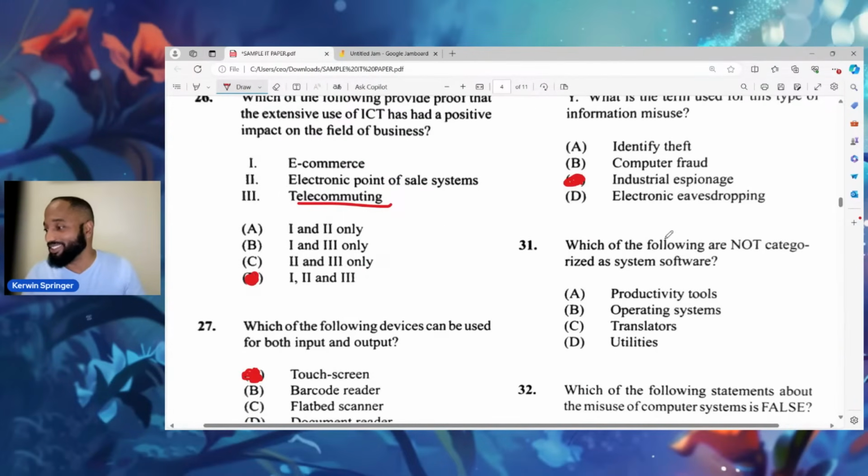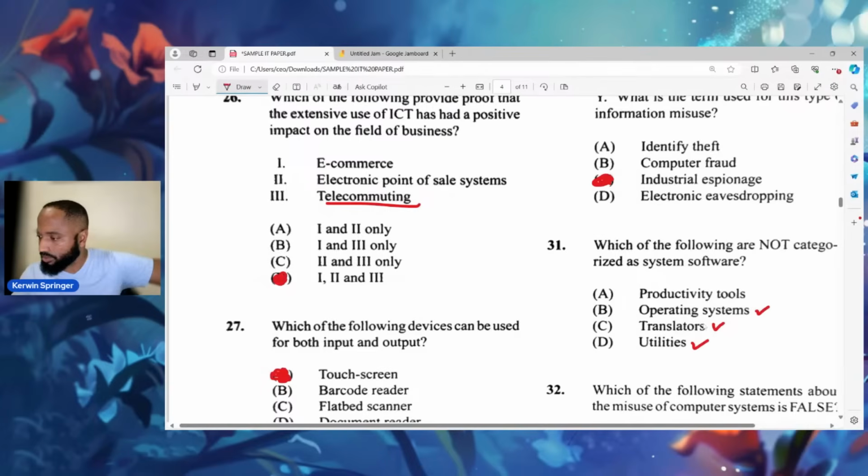What is he doing? So which of the following are not categorized as system software? Translators, utilities, operating systems, productivity tools. When they say productivity tools, what do they mean?